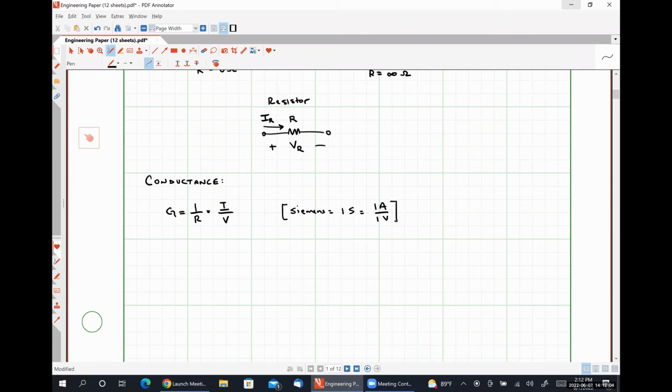And conductance is defined as a measure of how easily current passes through. So it's literally just the opposite of resistance.